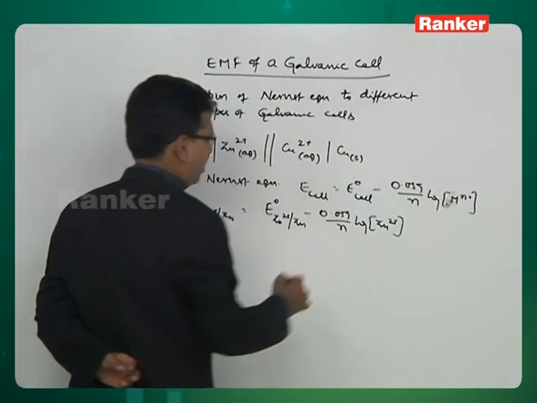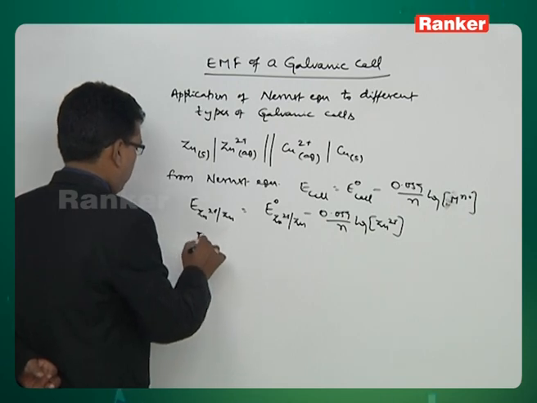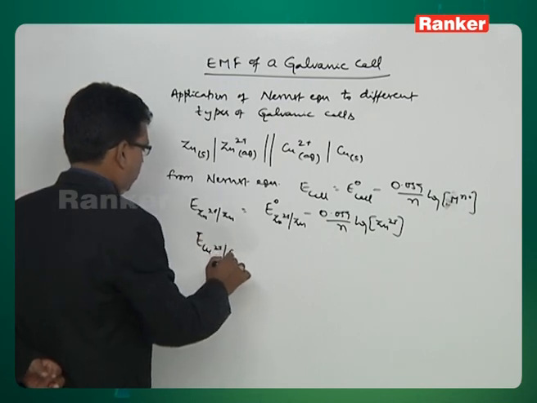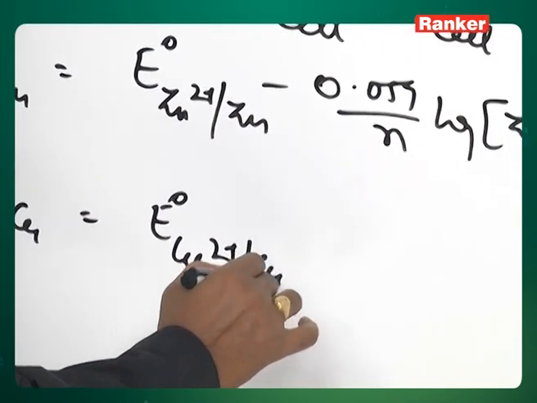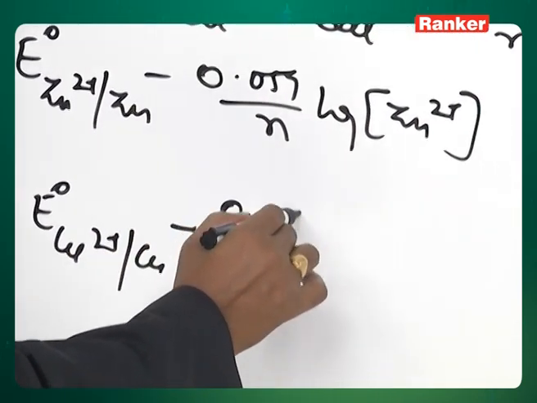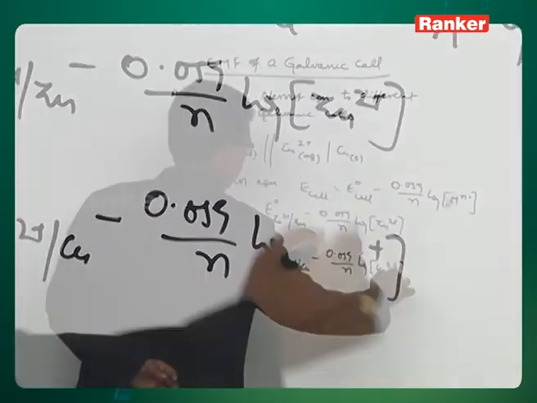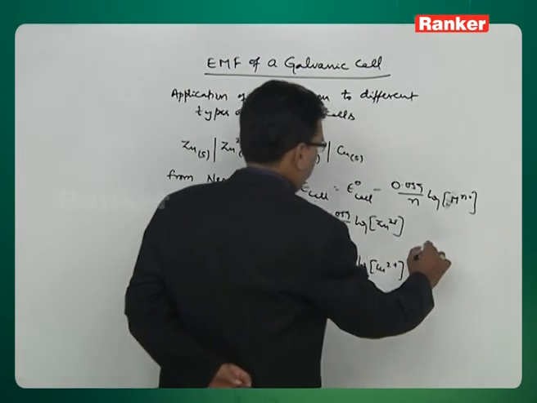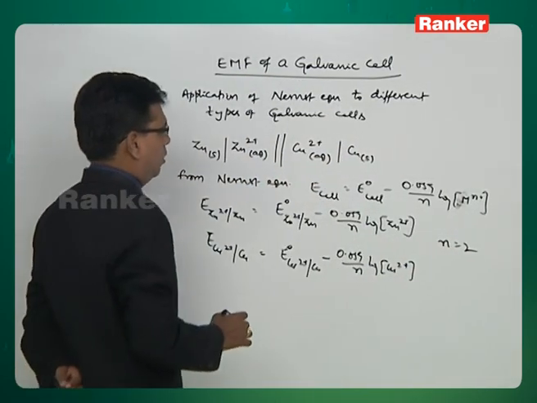This is for a zinc single electrode, and similarly E Cu2+/Cu is equal to E naught Cu2+/Cu minus 0.059 by n log Cu2+, and here n is equal to 2 as it involves 2 electrons.